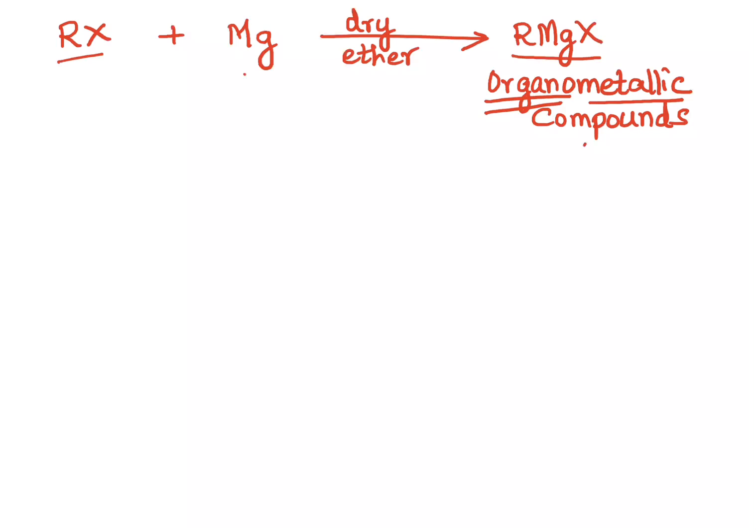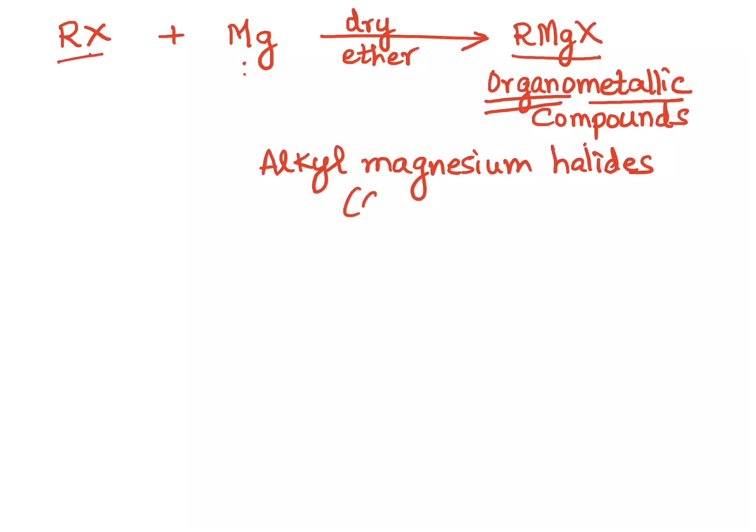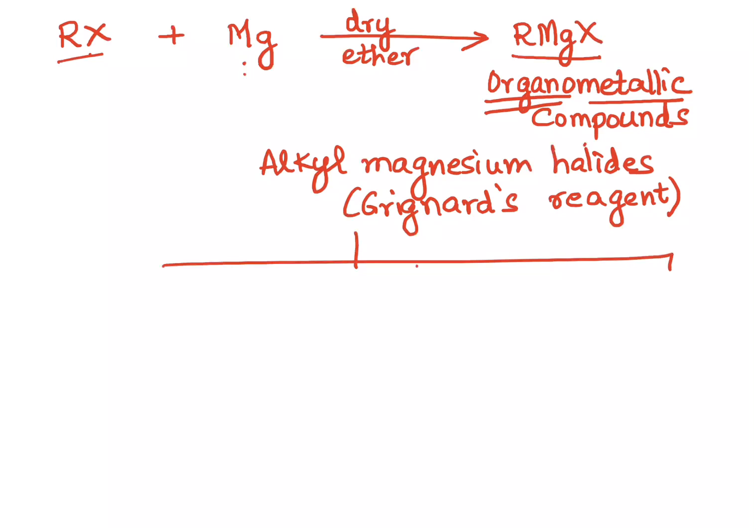A compound of an organic substance with a metal is an organometallic compound. Specifically, the alkyl magnesium halides are categorized as Grignard's reagent.